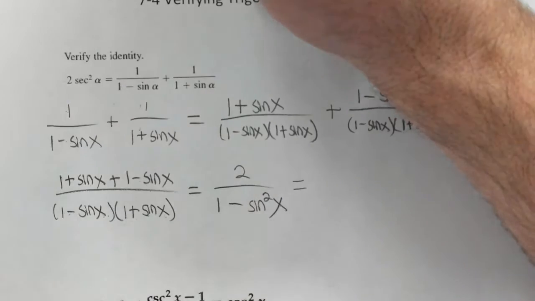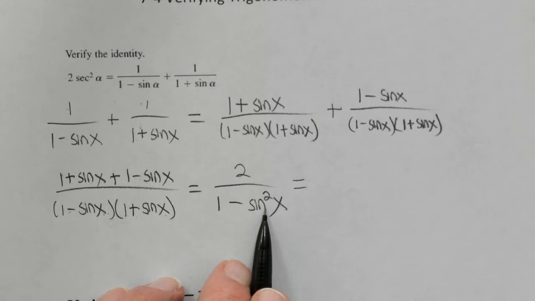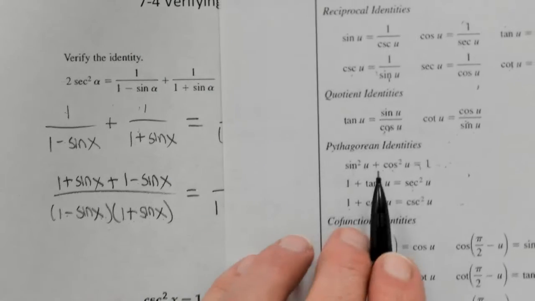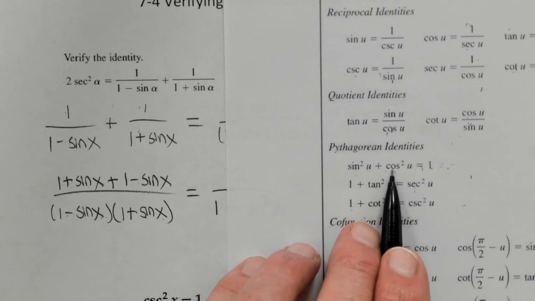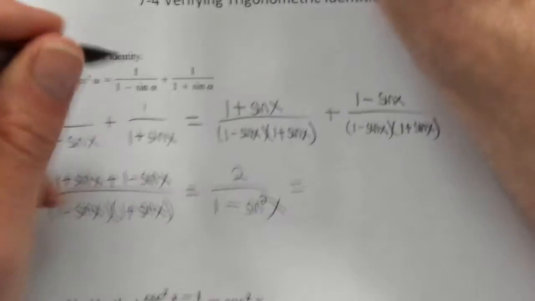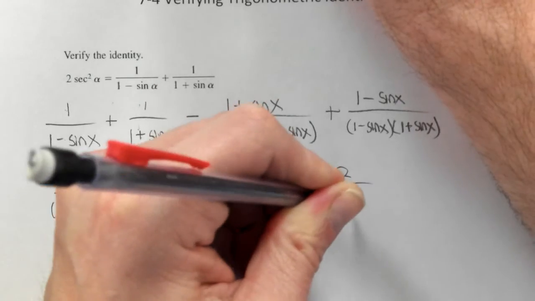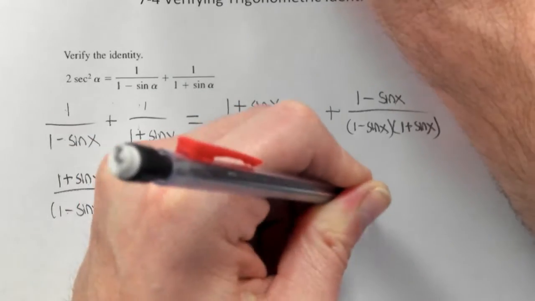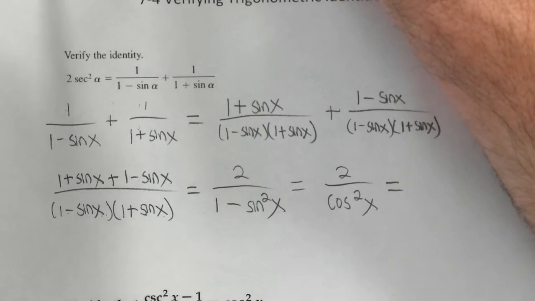So in order to finish this off, I can change 1 minus sine squared to cosine squared. So that'd be 2 over cosine squared x. Alright, we're getting closer.